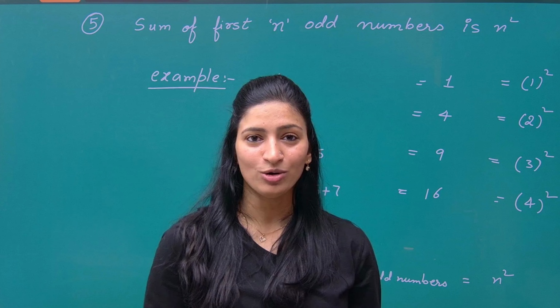Now the next property says that a perfect square never ends with an odd number of zeros.